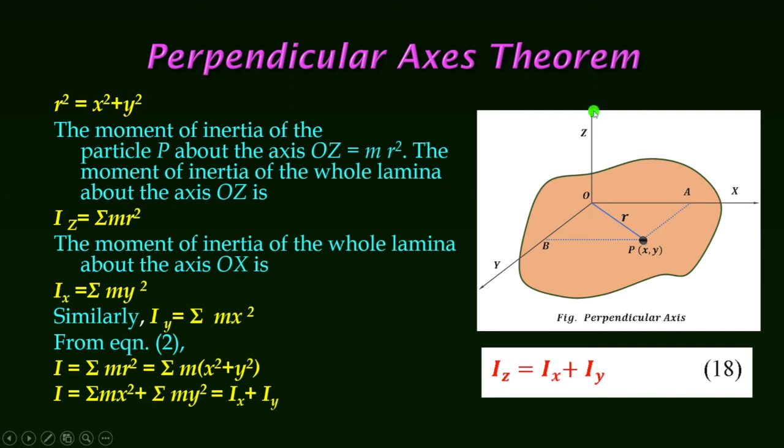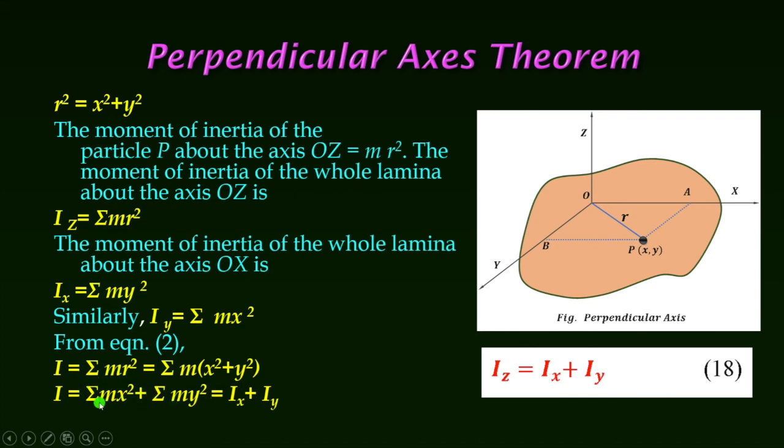Again, if the body is rotating about the z axis, which is perpendicular to both x and y, then Iz equals summation of m r square. Now r square equals x square plus y square. Breaking this, we get summation of m x square plus summation of m y square.